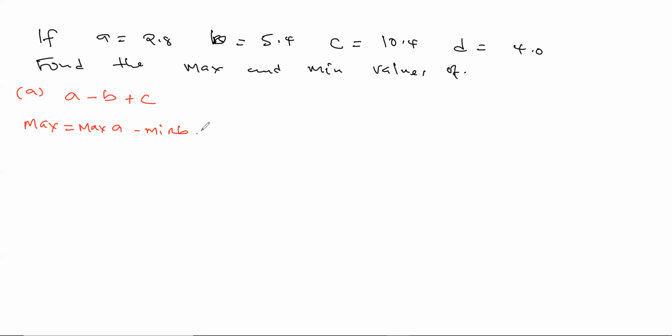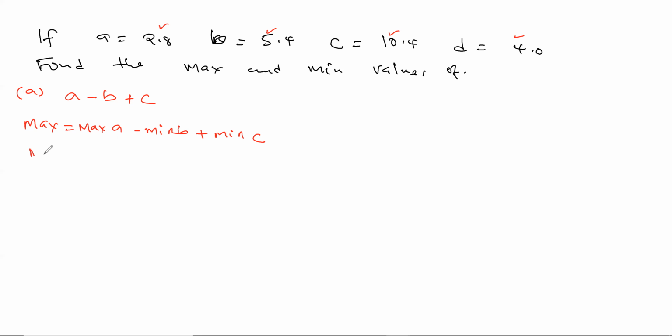So I'll say plus minimum of C. So the values are here, the values you need to use, so you'll know how you can put them there. You can try putting in the values and see if the answer you get will actually be a maximum.